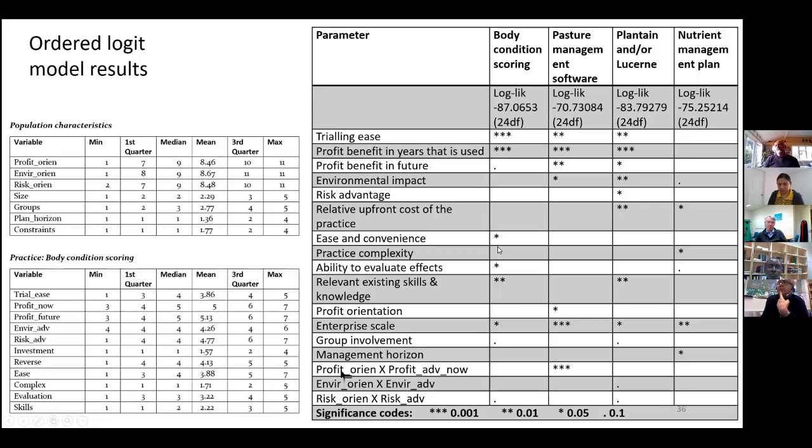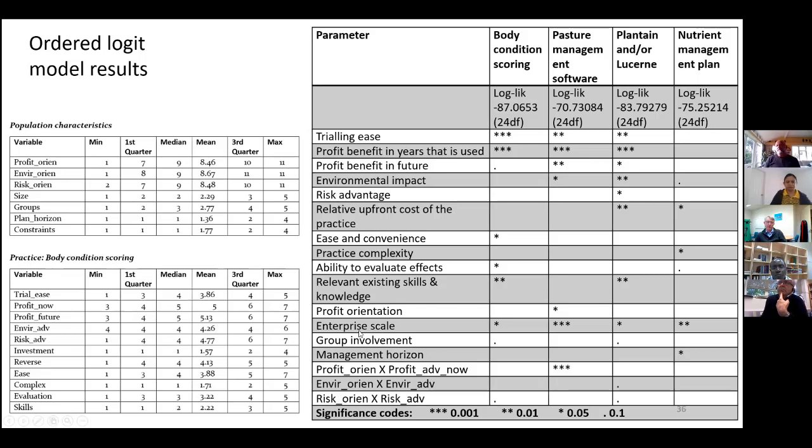Again, what you can see here is that the three practices seem to have quite a strong component of relative advantage in terms of profit, environmental benefits, for example, even risk advantage. But the nutrient management plan practice seems to be driven by completely different variables.